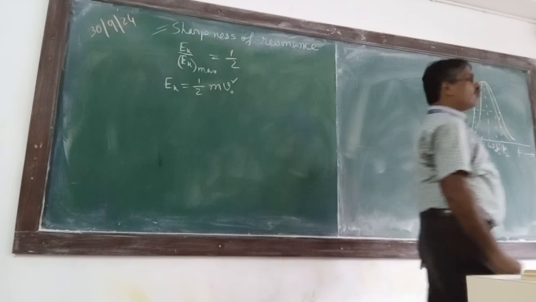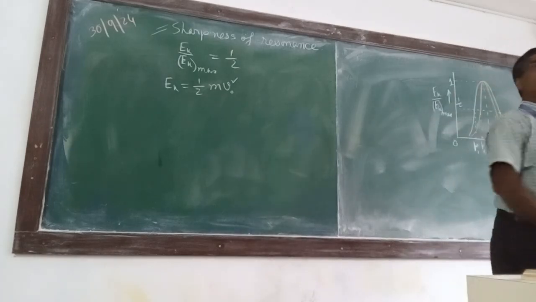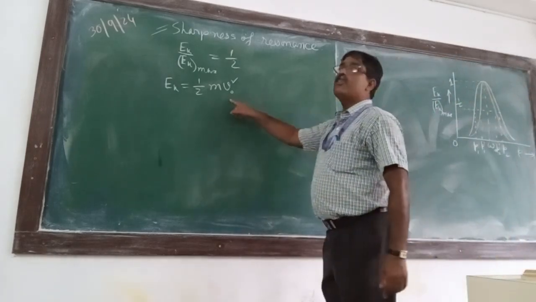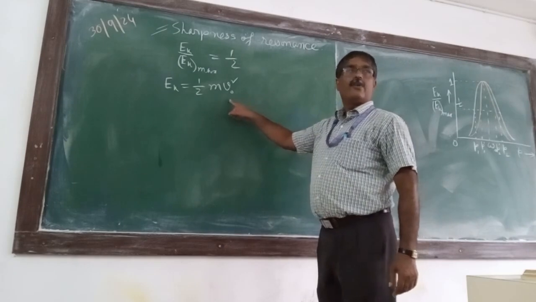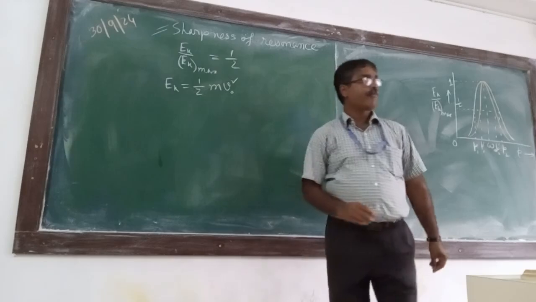Why do we take v naught instead of v? v naught is the velocity amplitude, in v equals v naught sin(pt minus delta). This is the common amplitude of the velocity, so only the amplitude will change. So I take v naught.